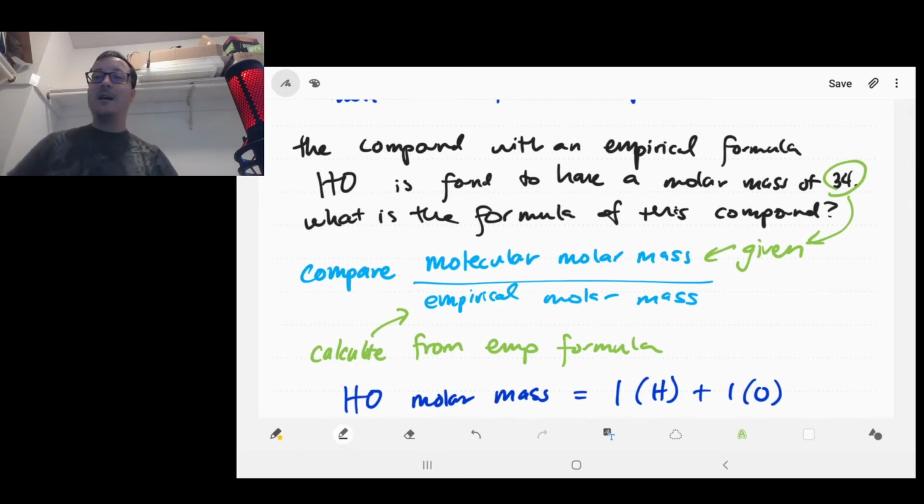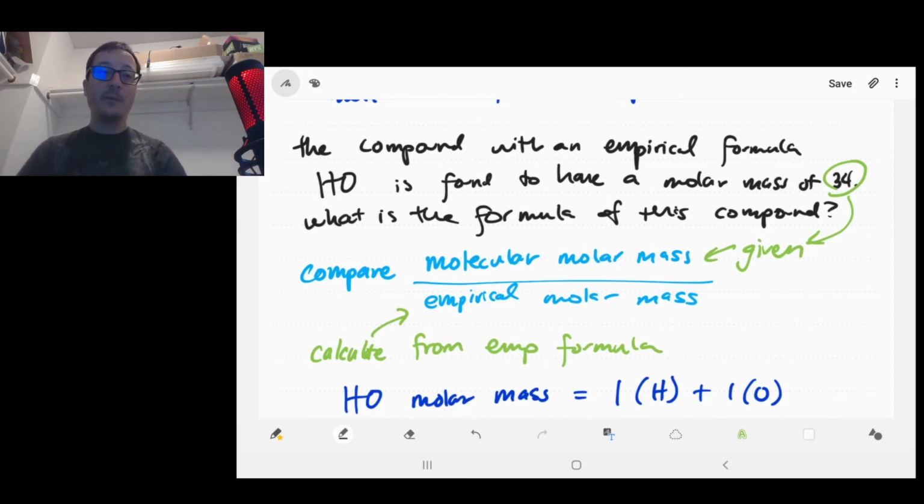So in this class, we'll learn one experiment that we'll use to determine molar mass of an unknown compound. But if you keep taking chemistry, you'll find out a lot more. So cool. So in order to figure out your molecular formula, after you've figured out your empirical formula, what you want to do is compare their molar masses. So you'll be given a molar mass of your molecular formula, of your molecule, the actual compound.